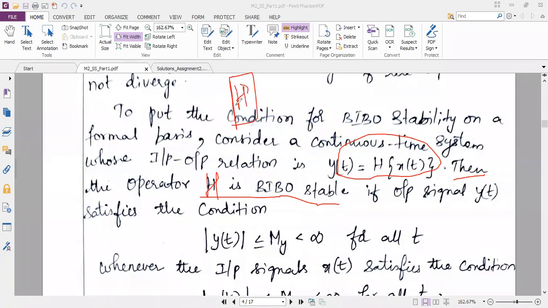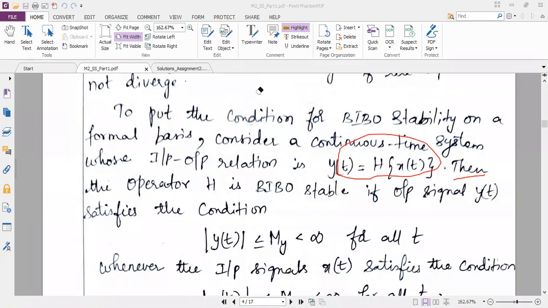If the operator is stable, automatically the system is also stable. In different properties we use these words: in some we use operator is stable, and in some we use system is stable. Both are the same because this H is the operator inside the system. If H is stable, indirectly it says that the system is also stable. So I hope you follow this.